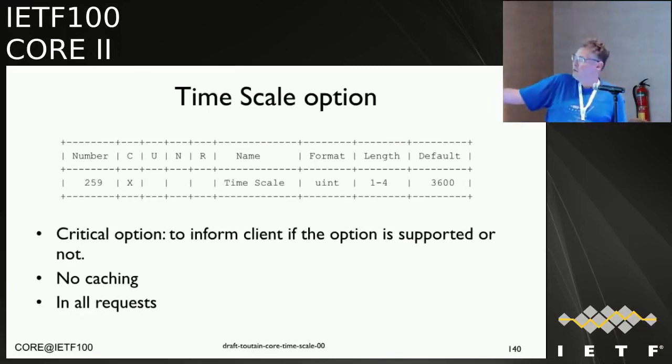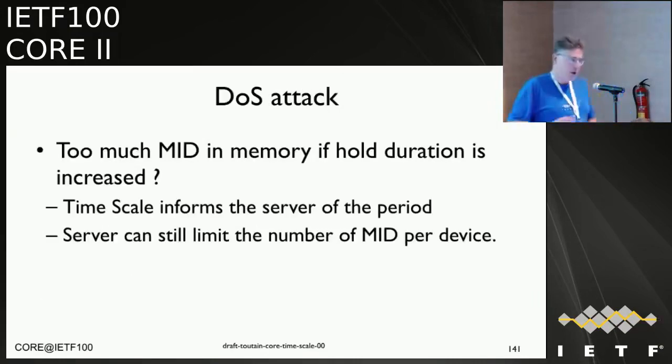Here the design is not good, so I need your help to do it. I think it must be a critical option, to inform the client that if the server doesn't process it, then there is an error and it has to change its behavior. And of course, we don't need caching for this. For security, I think it's also a way to improve security because it's a kind of guarantee. If you say the message must be kept one hour, it means that you must send very slowly during this period of hours.